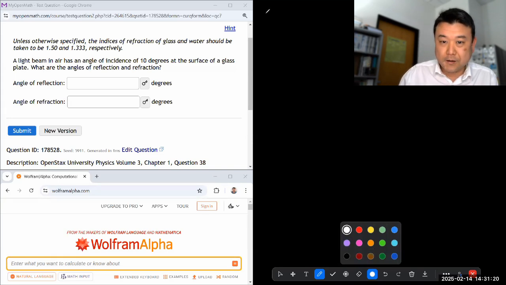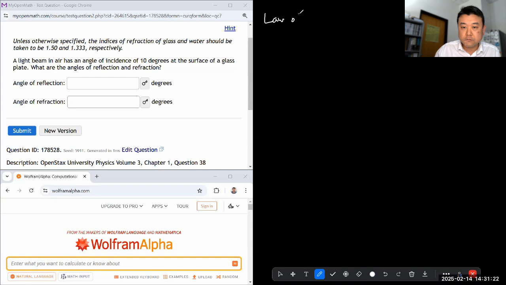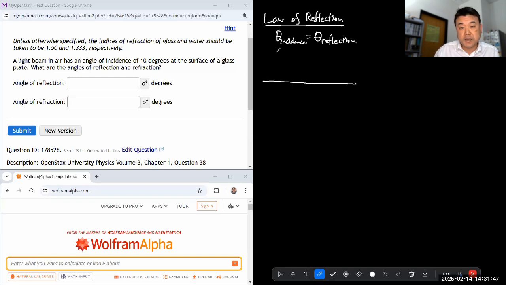So let me write down the law of reflection. Simply stated, it says that the angle of incidence is equal to the angle of reflection. And to be clear about the angles, the way we measure angles in optics is relative to the surface normal. So let's say a light comes in like this.